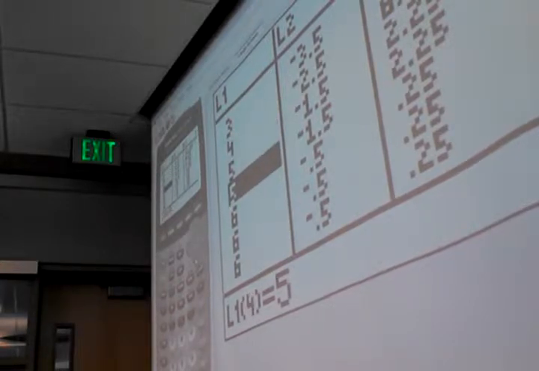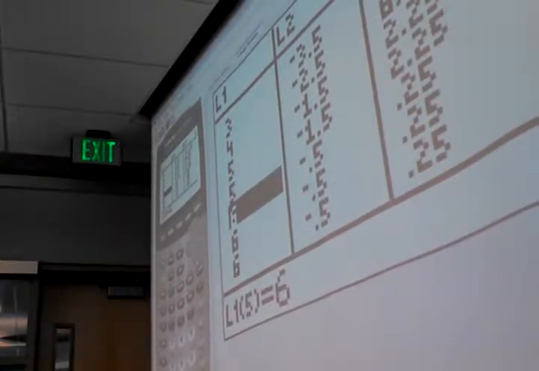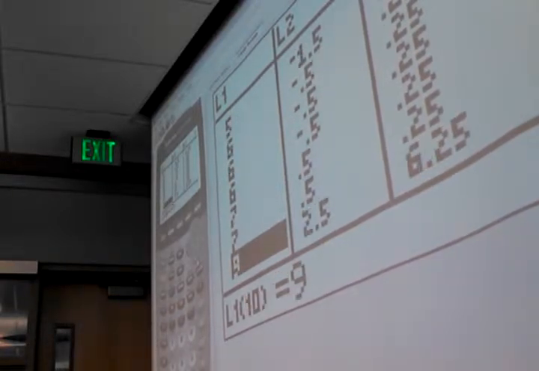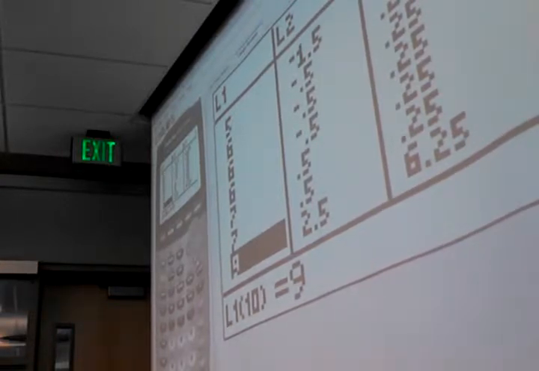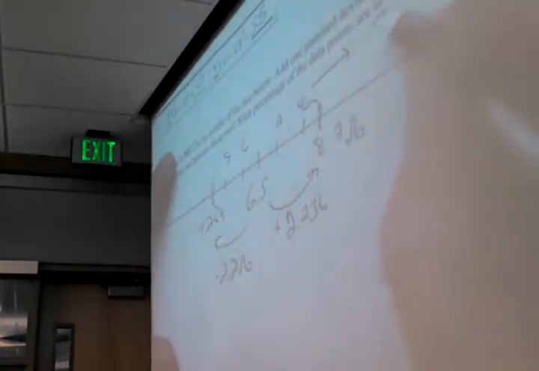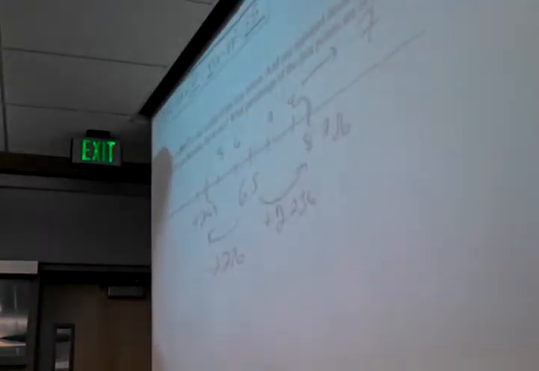So 5 falls in there, 1, 2. 6 falls in there, 3, 4, 5. 7 falls in there, 6, 7, and that's it. 9 does not fall in there. It's above the 8.7. You guys semi with me? So what falls in here is 5, 6, 7, and that's a total of 7 data points.